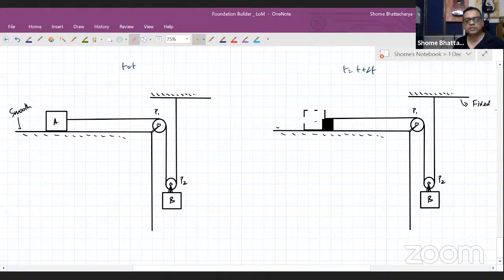It has moved away from here. A has now moved like this by some displacement S_A, which we want to find out. Okay. And similarly, this block and pulley are no longer here.